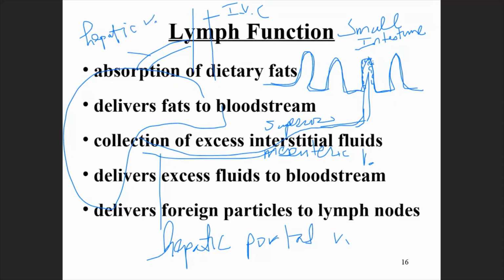So the hepatic portal vein brings blood in, and the hepatic vein brings blood out. So that's the key difference.